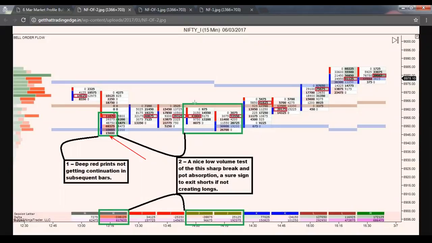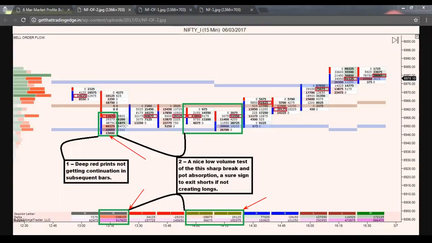And look at these two bars closing lower, and look at the volumes on these two bars. In this particular green box, you can see that the volumes were very low compared to when it came down in this bar.